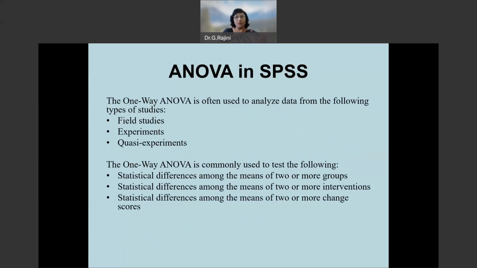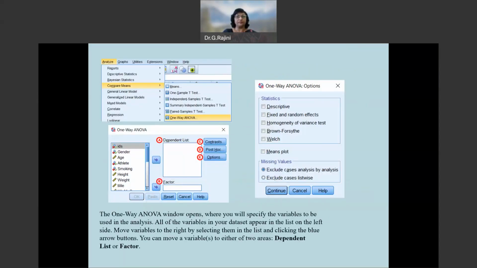One-way ANOVA is often used to analyze data from field studies, experiments, and quasi-experiments, where you have the control variable as well as the experimental test variable. One-way ANOVA is used for two or more groups, two or more interventions, and two or more change scores as well.